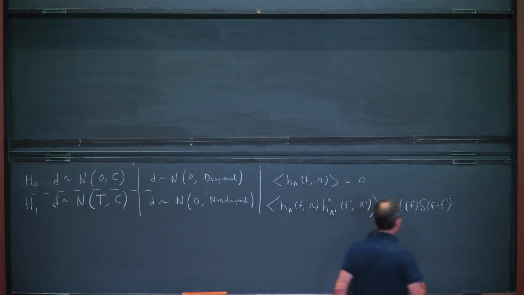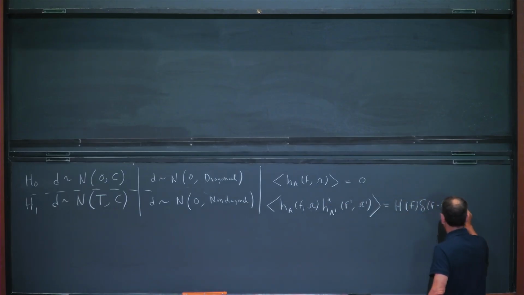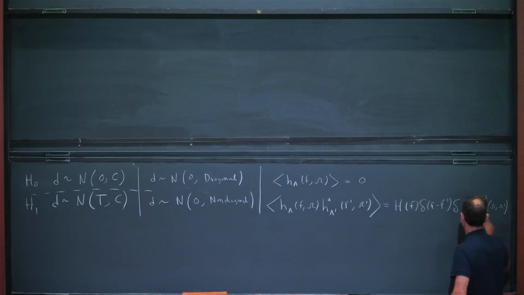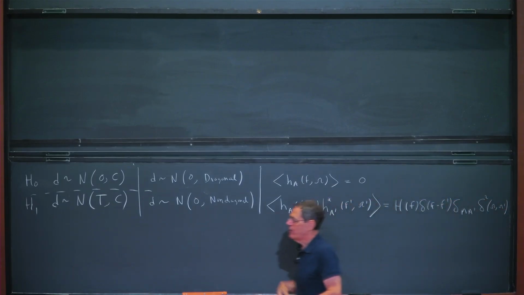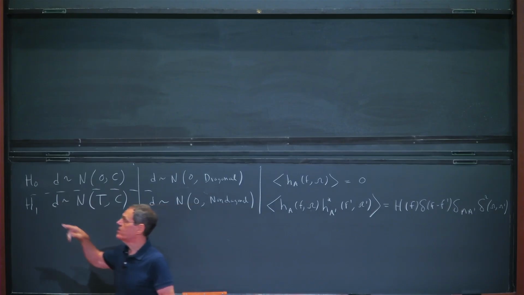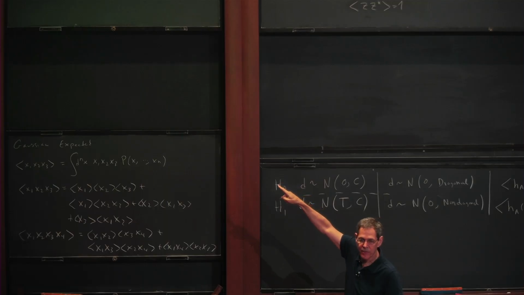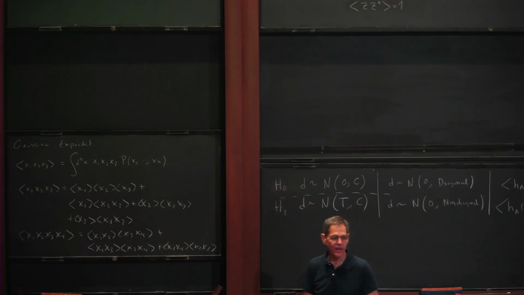And then there's a delta function in the polarization A and A prime. That's just the statement that we expect no correlation between the two different polarizations. They're independent of each other. And finally, there's a two-dimensional delta function of the direction omega and omega prime. And there, if you want to think about it in terms of individual sources, it's basically telling you that the source at one sky position and a different one are independent of each other.